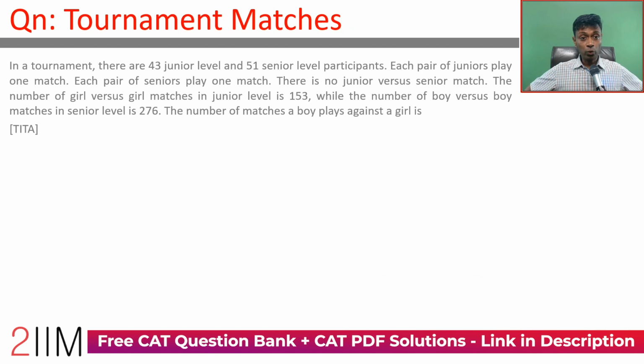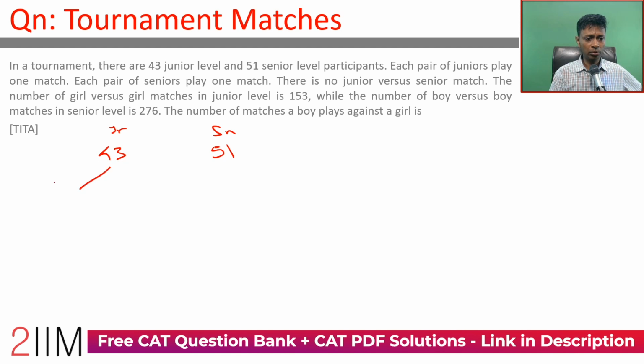In a tournament, there are 43 junior level and 51 senior level participants. Each pair of juniors play 1 match. Each pair of seniors play 1 match. There is no junior versus senior match. The number of girl versus girl matches in junior level is 153.